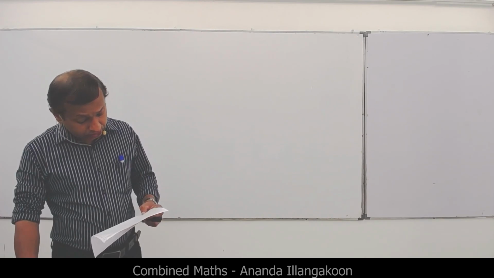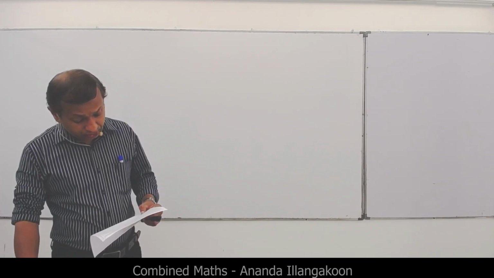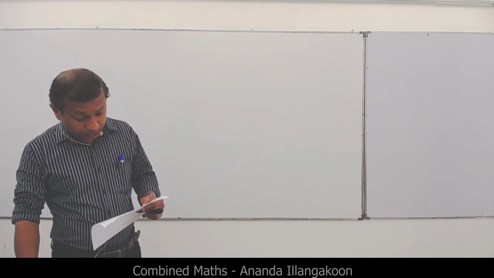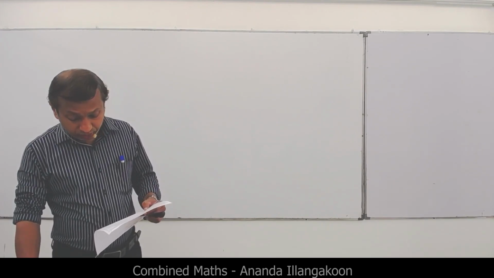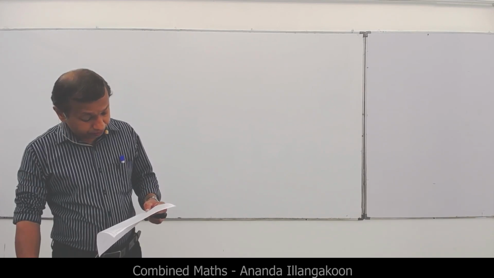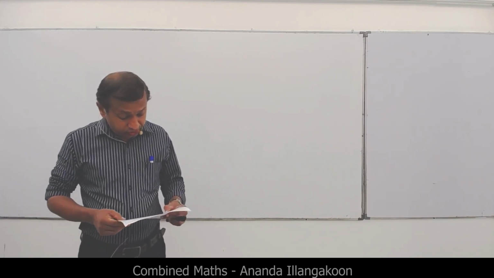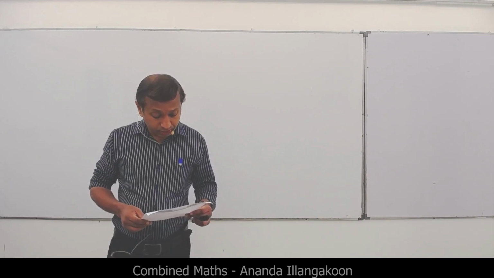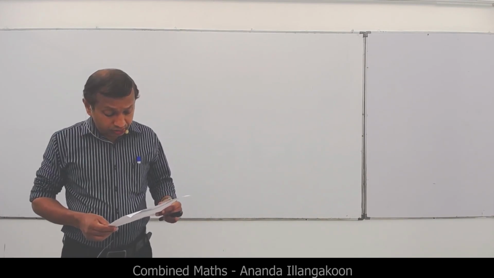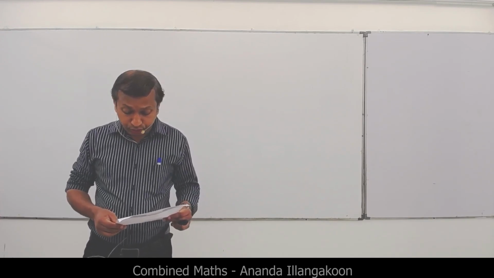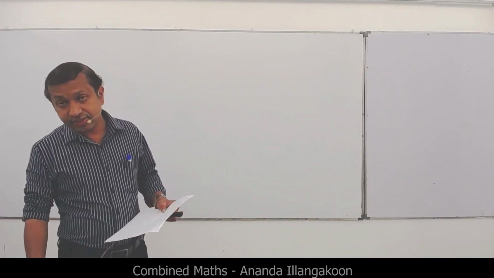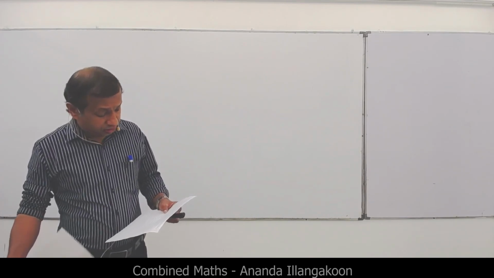Find the position vectors of the points D and E in terms of A and C vectors. Show that the points O, E, B are collinear and find the ratio OE to EB. Let X be a point such that CX equals 3A vector and the lines OX and AD intersect each other at F. Find the ratio OF to FX. That is question number 7, the vector question.